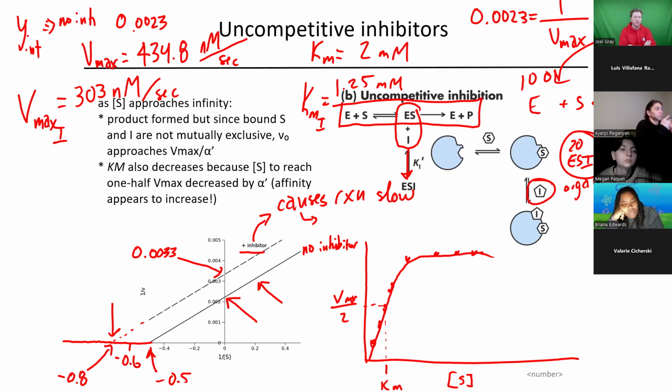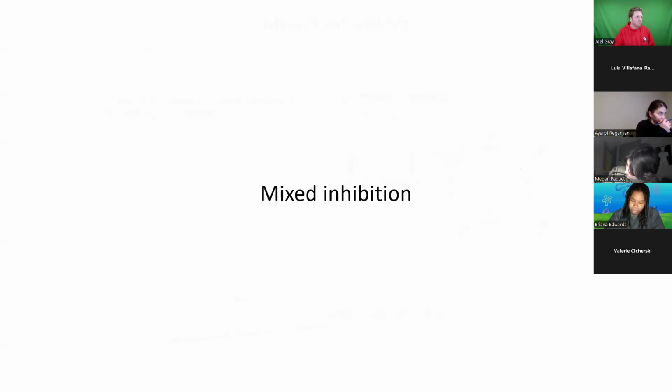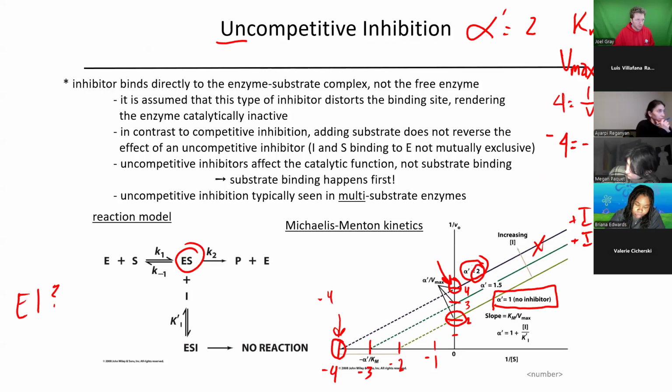What did it do to the Km? It drove it down. What are the implications of that? Well, the Vmax, or the rate that the product is being generated, went down. The affinity that our enzyme has for our substrate went up, because Km is a measure of affinity. Now, I'm going to move over to a mixed inhibitor.